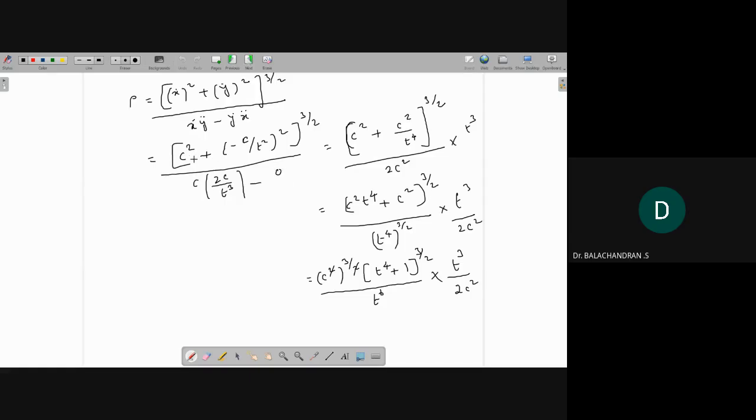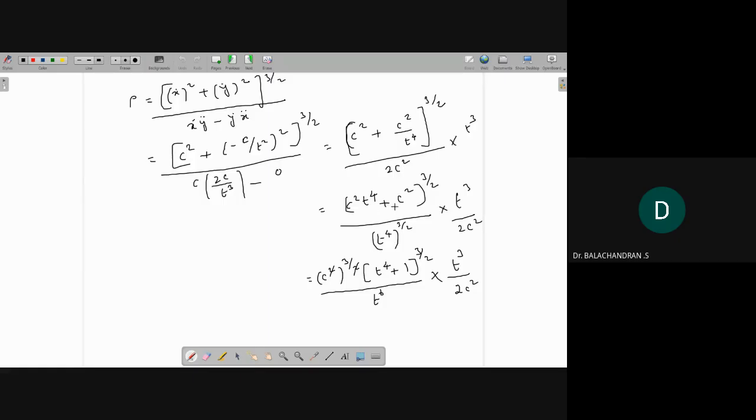So c square plus c square by t power 4 whole power 3 by 2. Denominator we have 2c square. This t cube is coming in the numerator. So take LCM here. So c square t power 4 plus c square, okay, divided by t power 4 whole power 3 by 2. So this t, after taking LCM t power 4, I am writing here t power 4 whole power 3 by 2 here to t cube divided by 2c square.